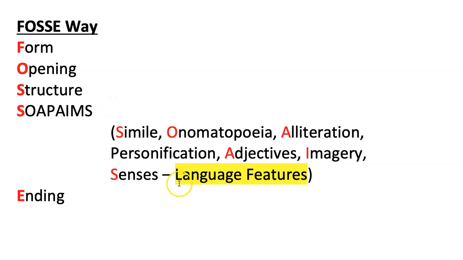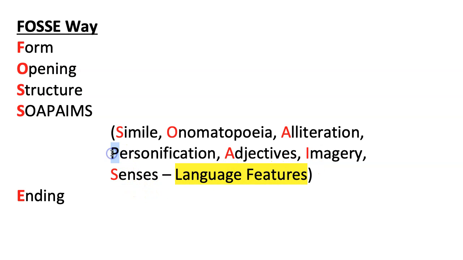Now, language features, you might have learnt it in any number of acronyms. I've just been to a school where they learned it as some kind of bizarre mouse. Schools I know also use SOAPAIMS. These are just acronyms that help you remember these sorts of language features. Here we have simile, onomatopoeia, alliteration, personification, adjectives, imagery, and senses.